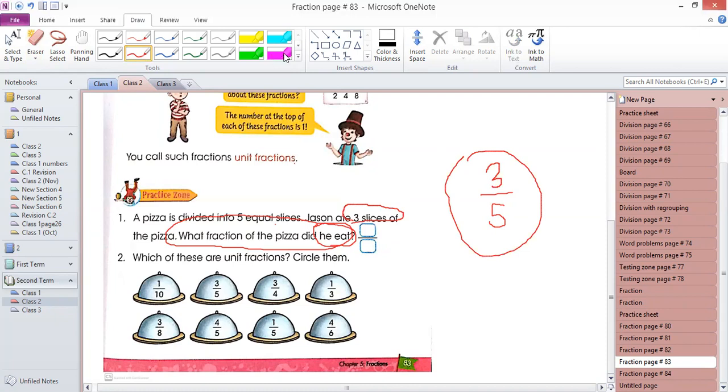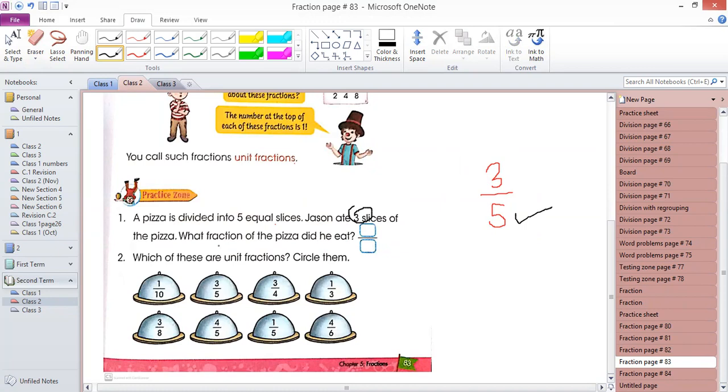Good. So guys, the answer is 3 over 5, or you can read it as 3/5. Why 3 over 5? Because a pizza is divided into 5 equal slices, that means the denominator is 5. Out of 5 slices, he ate 3 slices.